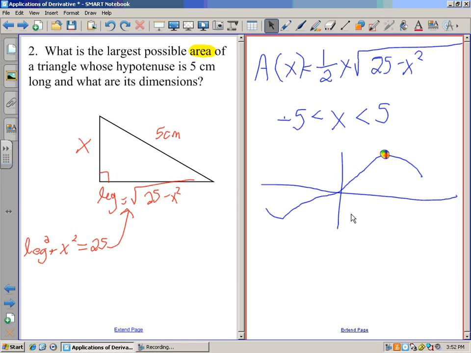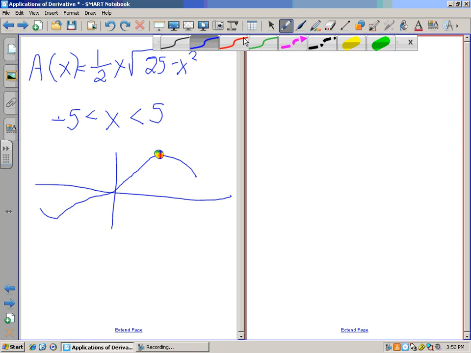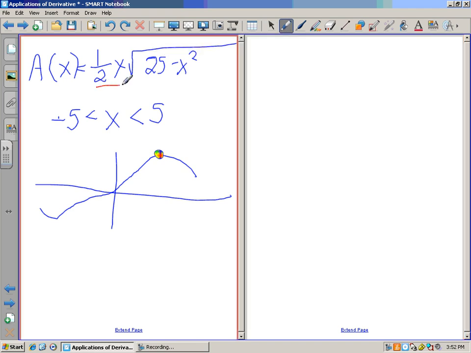All right, so let's use calculus to find that particular point. Is there a better way that I could write this area function and have it be easier to differentiate? I say this because currently I need the product rule, because this is the product of two different functions. It's the product of 1/2 x and the square root of 25 minus x squared.